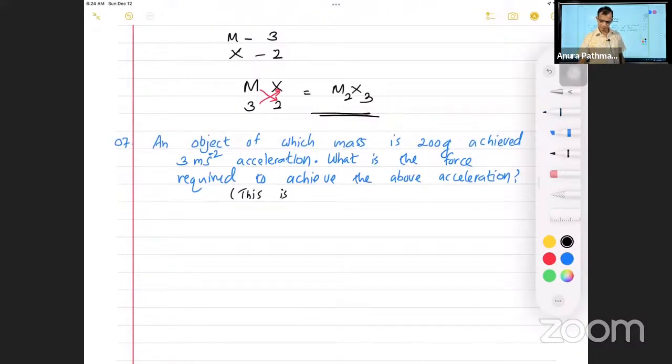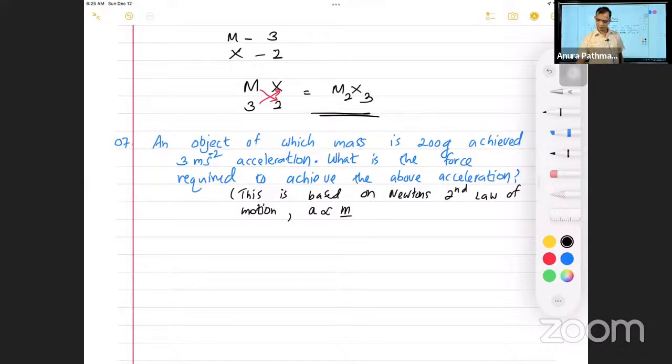This is based on Newton's second law of motion. That is, acceleration of an object is directly proportional to the unbalanced force applied and inversely proportional to the mass of it.